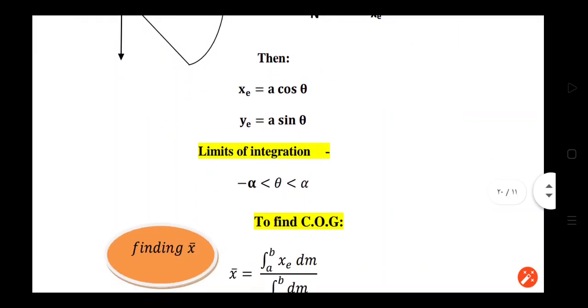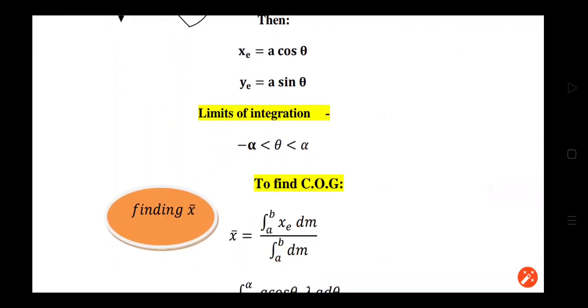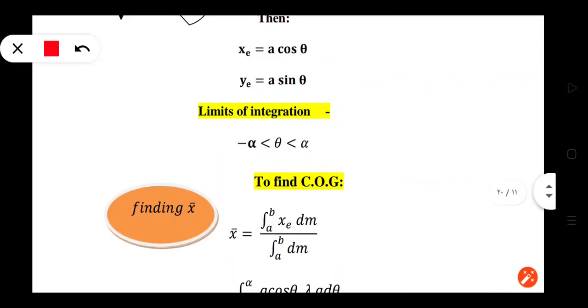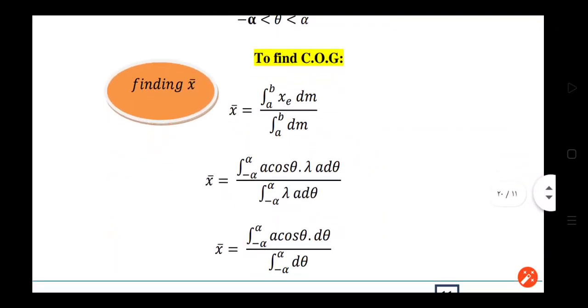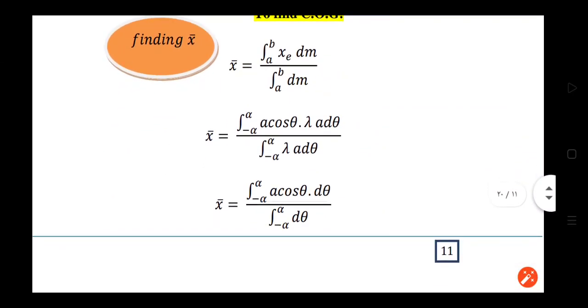The limits of integration for central angle 2 alpha will be from negative alpha to alpha. To find center of gravity we will find x bar and y bar. We write the rule of x bar.